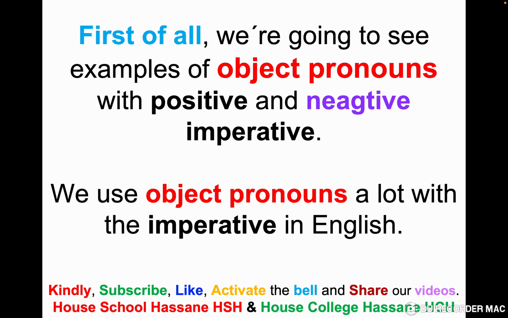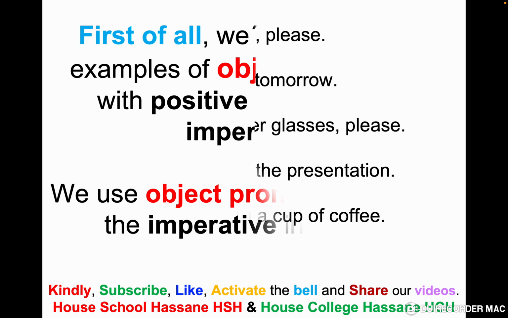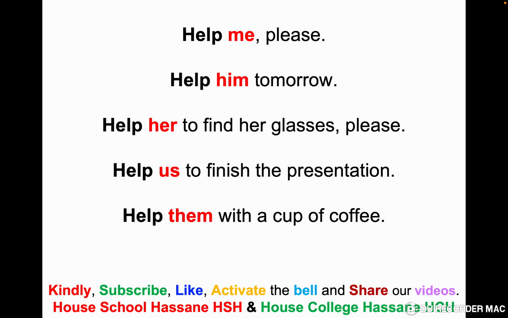First of all, we're going to see examples of object pronouns with positive and negative imperative. We use object pronouns a lot with the imperative in English. Let's see. In this example, we have the same verb, help, but different object pronouns.